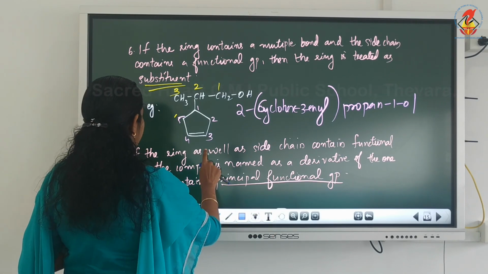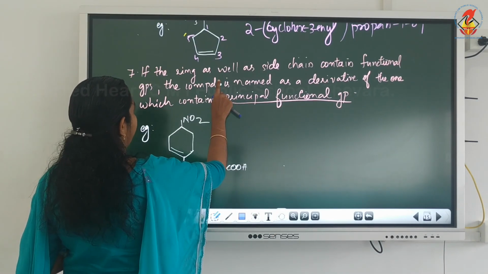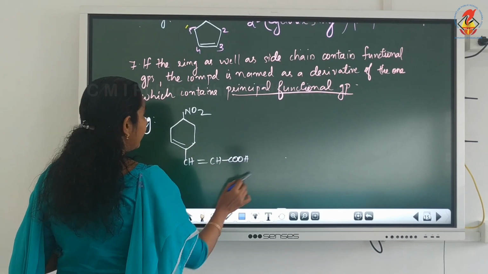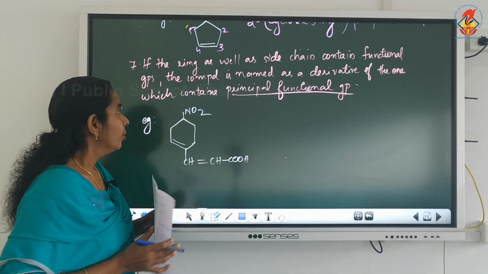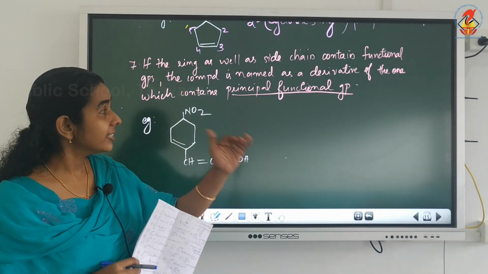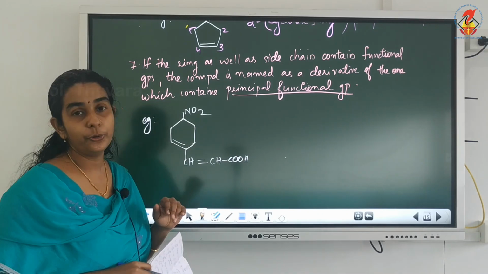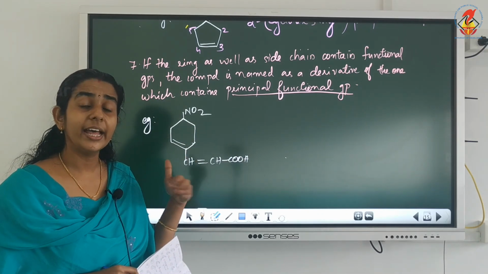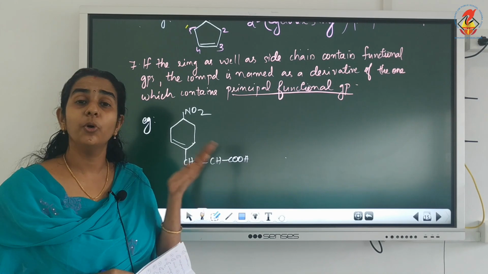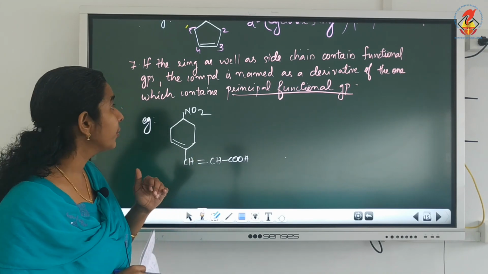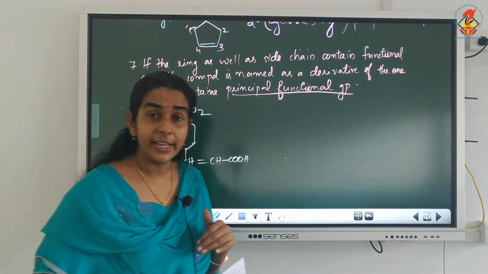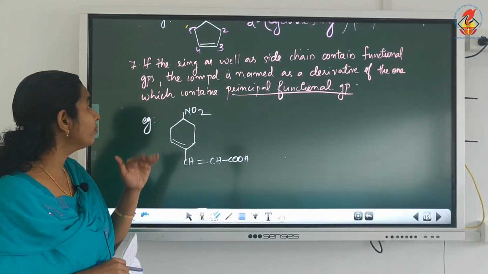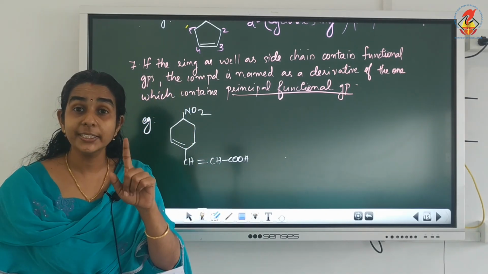Now, the next rule is if the ring as well as the side chain contains functional groups. Okay, so if the ring as well as the chain both contain functional groups, the compound is named as the derivative of the one which contains the principal functional group.